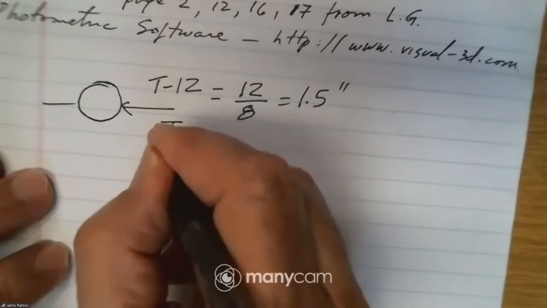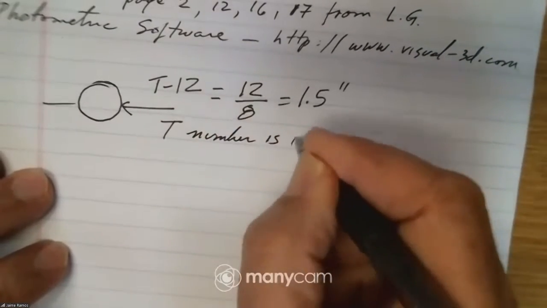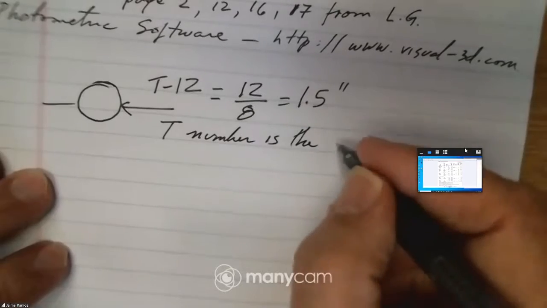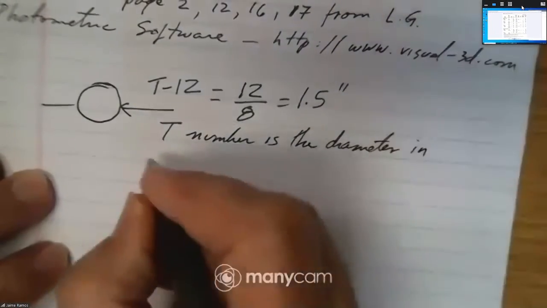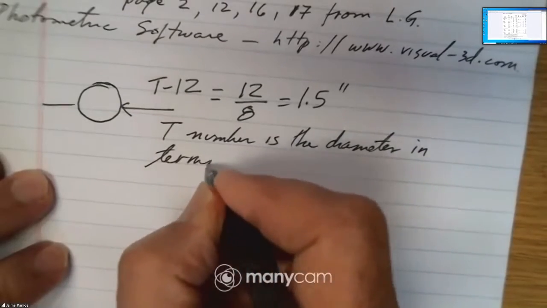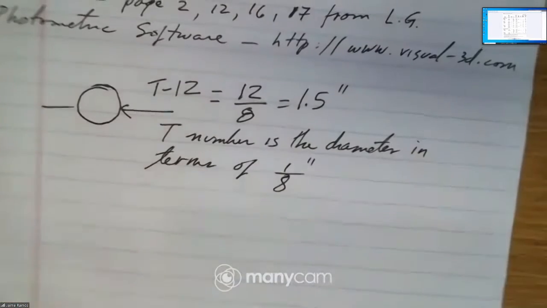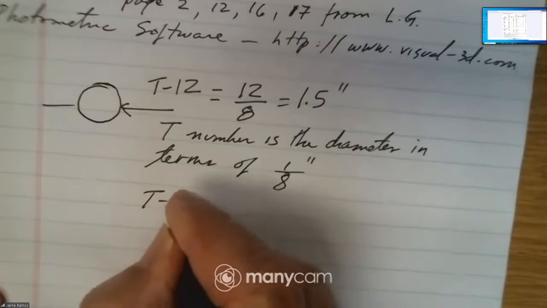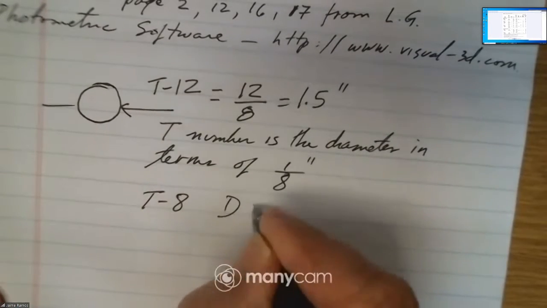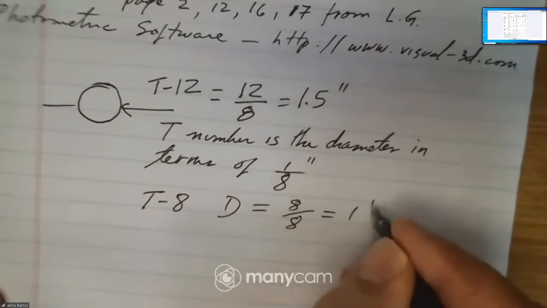So the T number is the diameter in terms of 1/8 of an inch. Okay? T8, diameter equals 8 divided by 8, 1 inch.